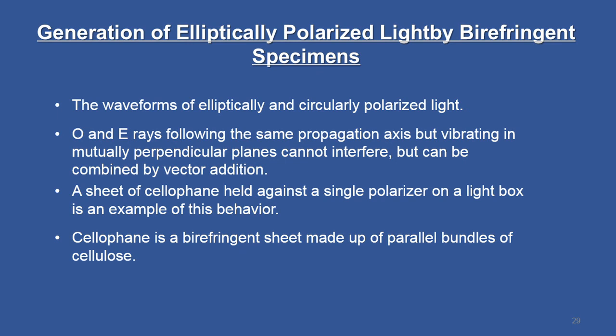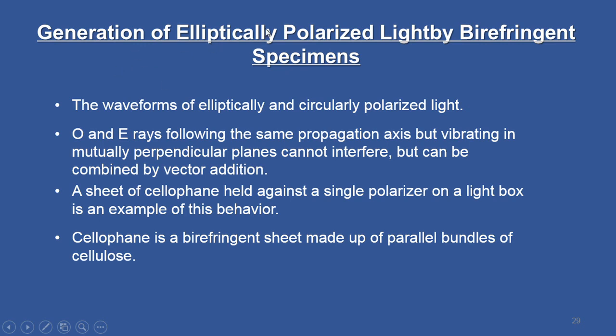What we are assuming here is that the object which we are viewing or analyzing under the polarized light microscope exhibits birefringence. Then how does that material or object react with the plane polarized light, and what happens? This is what we are going to look at.